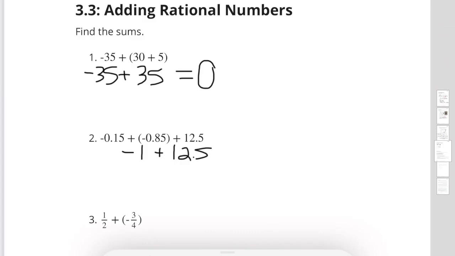So if I drew a number line and I drew my first line from 0 to negative 1, I would know that I need to move 12.5 spaces to the right. So 1 space to the right would put me at 0, and I would need to move an additional 11.5 spaces. So that would tell me my final answer is positive 11.5.